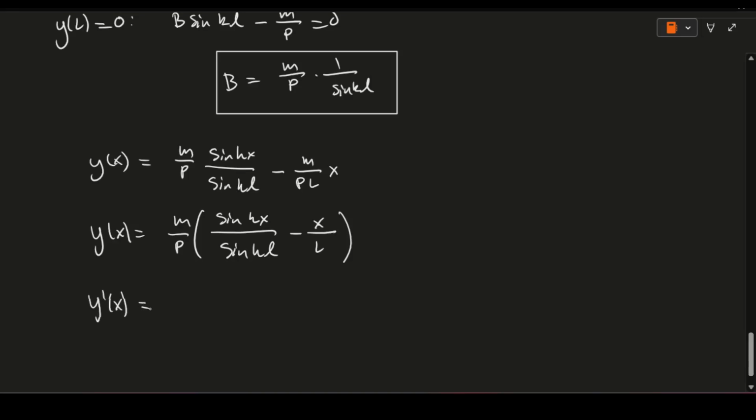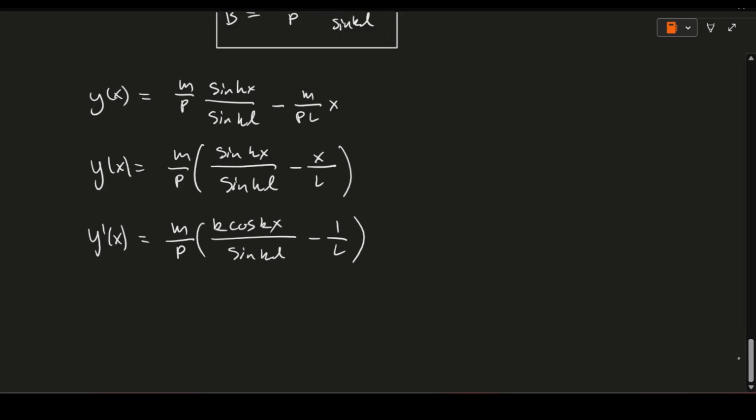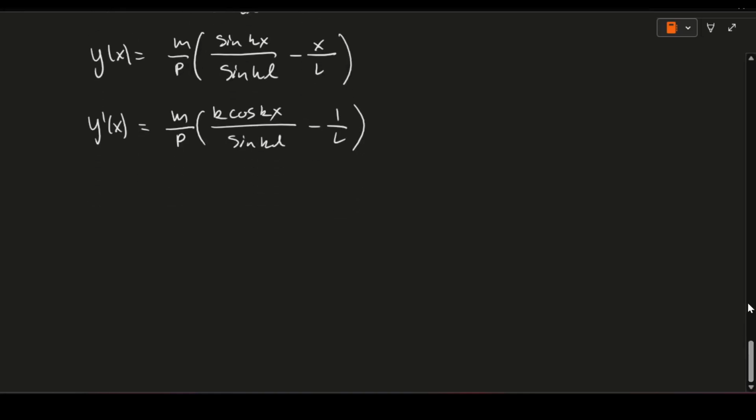We need to take the derivative of this at some point. So the derivative becomes K cosine KX over sine KL minus 1 over L. Okay. Now, if we look at the joint B, we know that there is a transference of moment.